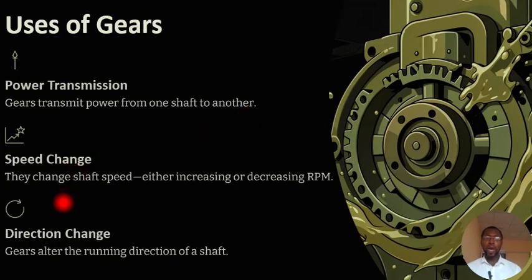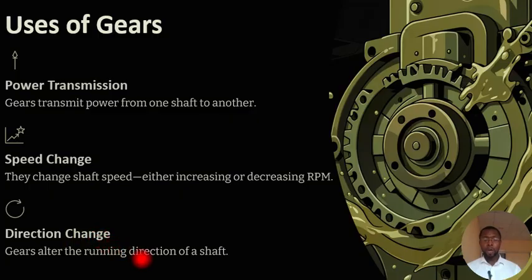Another purpose of gear is to change speed. Gear is used for changing of speed. So when you see a gear operating, it is either increasing speed or decreasing speed in the transmission of power. And lastly, gears are used for changing the direction of motion.